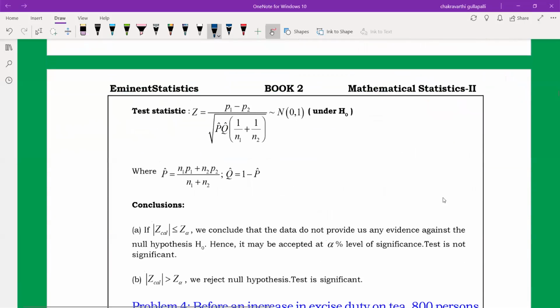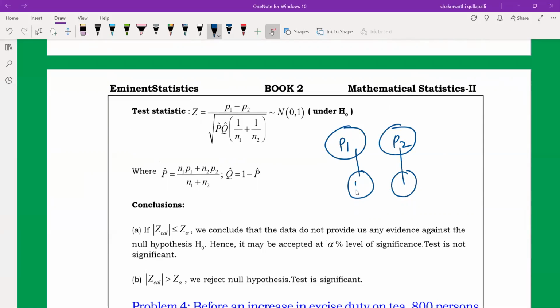Now here are two populations: population 1 proportion and population 2 proportion. Two samples are drawn, one from population 1 and one from population 2. These are small p1, small p2. Now we have to investigate whether there is a significant difference between the two sample proportions, or whether the two samples are drawn from only one population.